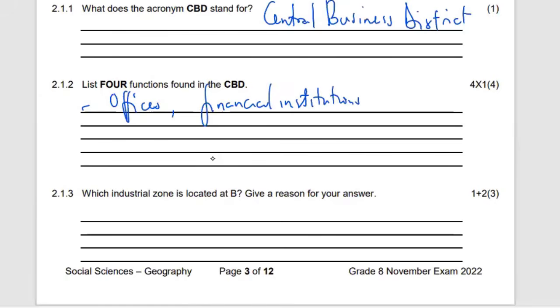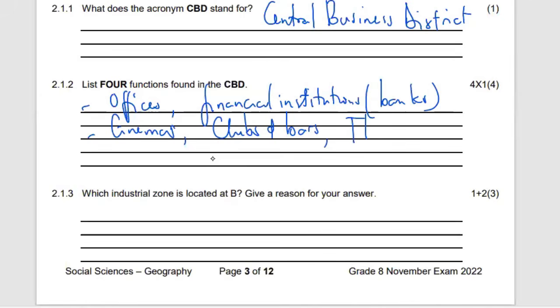For example, we find banks in the CBD. We also find other things like cinemas. We can also find some clubs and also some bars. They are found in the CBD.